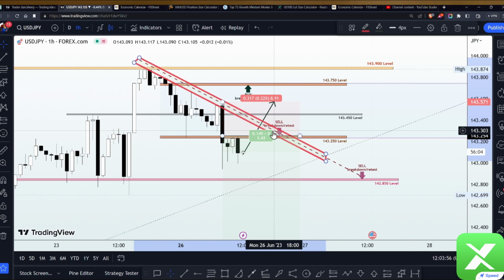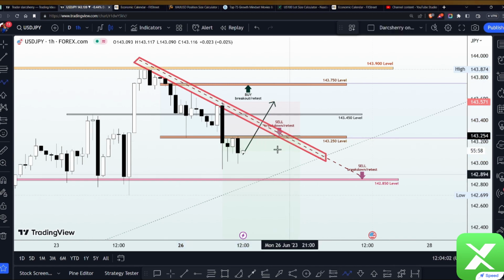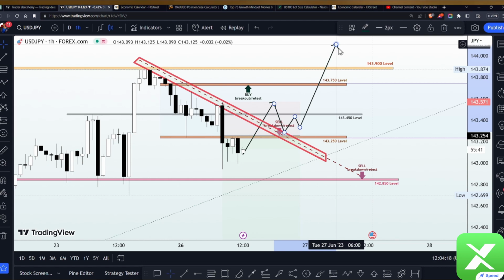Once the breakout of this trend line happens, we want to scale down into our lower time frame, where we look out for patterns and structures that will support a buying opportunity. This will reflect on the chart as price retesting the trend line or retesting the 143.250, where continued buy pressure above the structure will welcome more opportunities to buy.